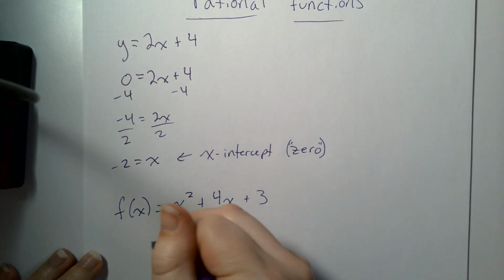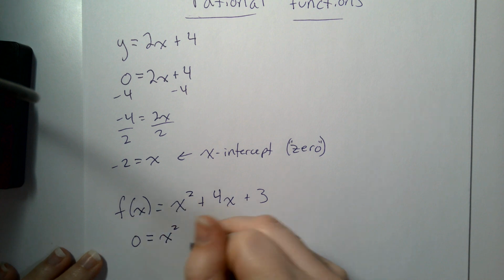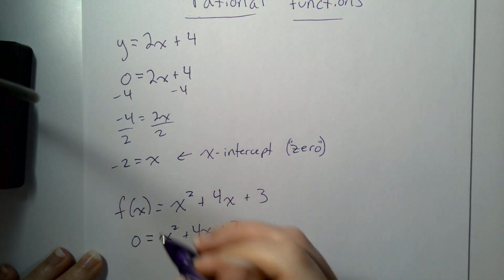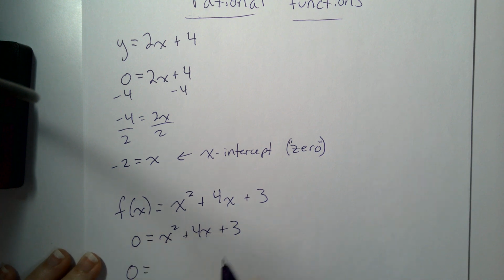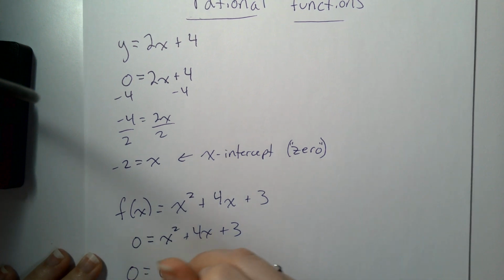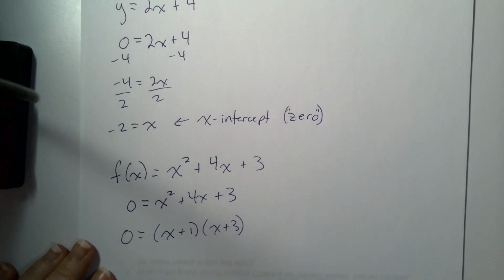If you want to find the x-intercepts, we start by writing 0 equals x squared plus 4x plus 3. We can factor this. Remember, we want to figure out what two numbers multiply to 3 and add to 4. So it's going to be x plus 1 and x plus 3. And you could have the 3 here and the 1 here, it doesn't really matter.